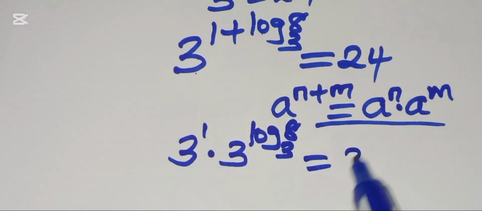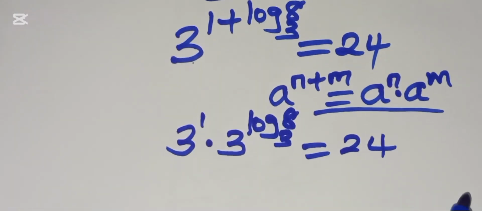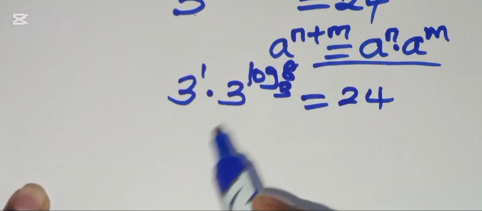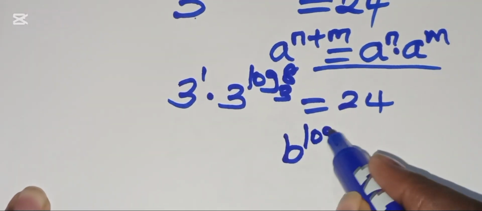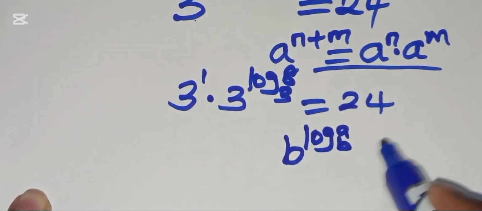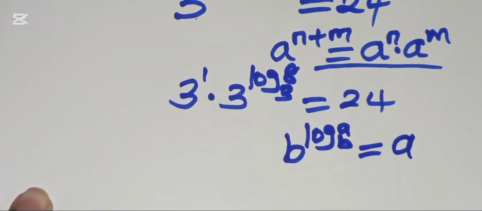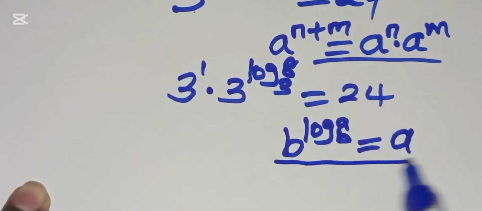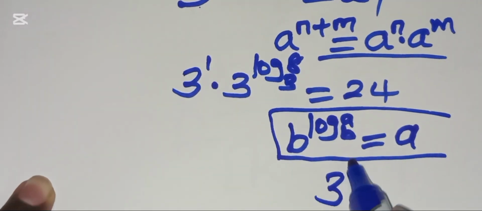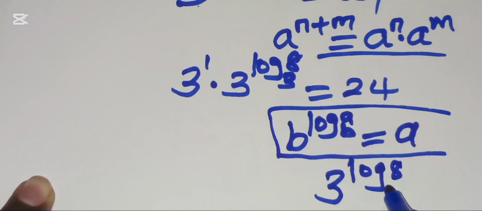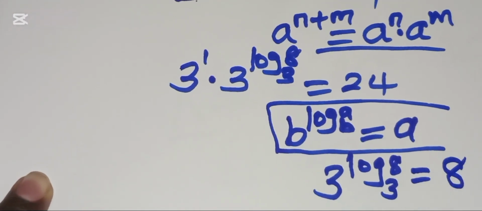Now, if you have b raised to power log a to base b, this gives us a value of a. So 3 raised to power log 8 to base 3 gives us a value of 8.